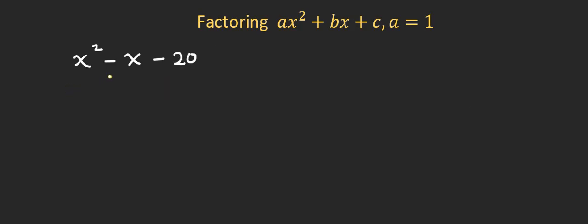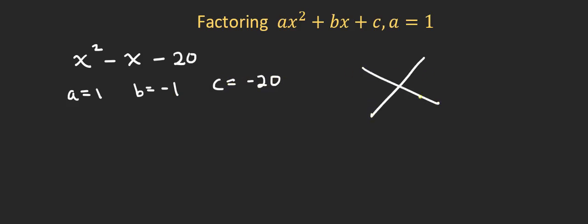Let's factor x squared minus x minus 20. What is our a? 1. b is negative 1, and c is negative 20. So what is a times c? That's negative 20. What is b? Negative 1. What are the factors of negative 20 that add up to negative 1?